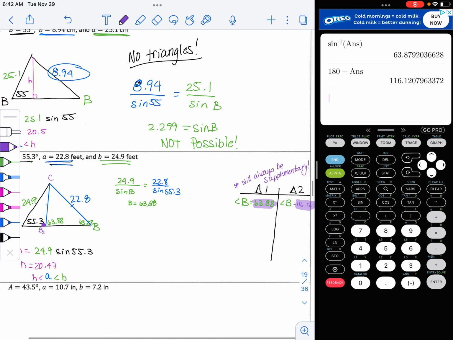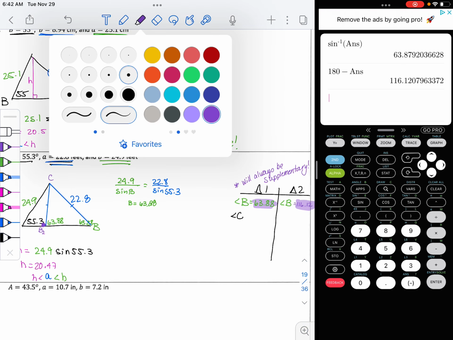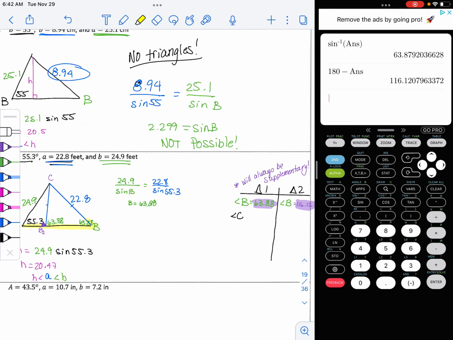Now I can go ahead and solve for angle C, the first angle C that we're going to try and find, using this bigger triangle right up there. All angles in every triangle add up to 180.